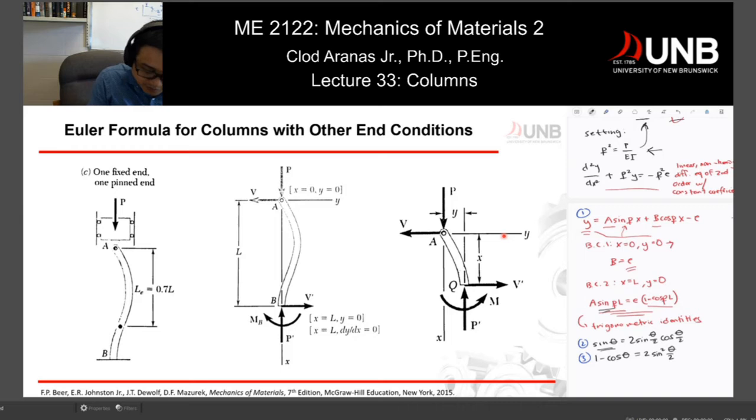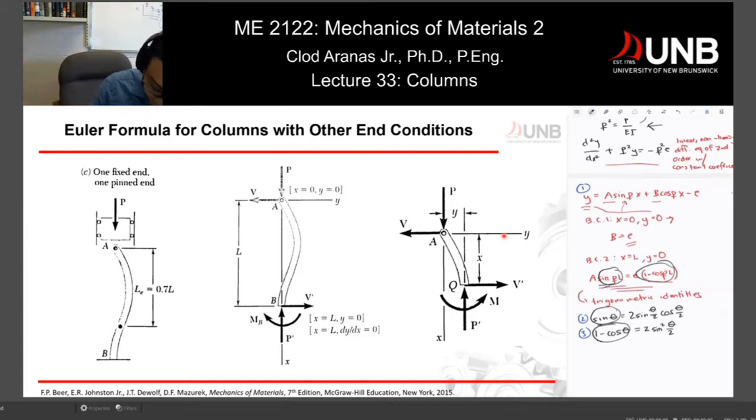So now once we use this on 1 minus cosine and sine after applying our second boundary condition, you will get the following. And so A is equal to e tangent pL divided by 2. There's a divided by 2 there because we used this trigonometric identity.